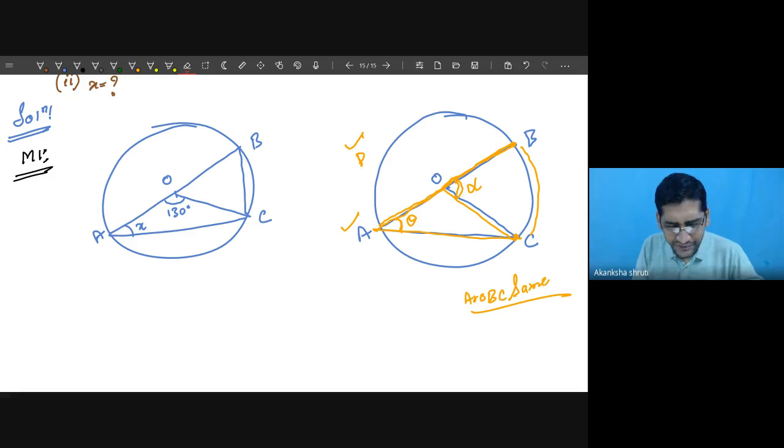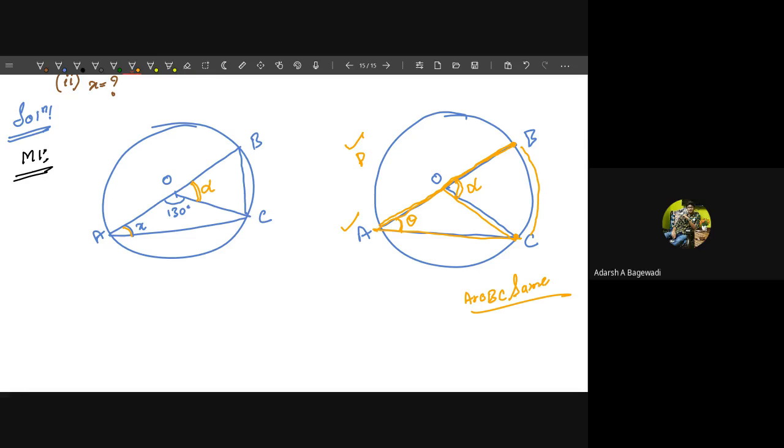Therefore, in this given figure, this angle will be twice of X. So first we need to calculate this angle, or better to denote it by the alpha itself. So what is the value of alpha, students? 50 degrees. Good.